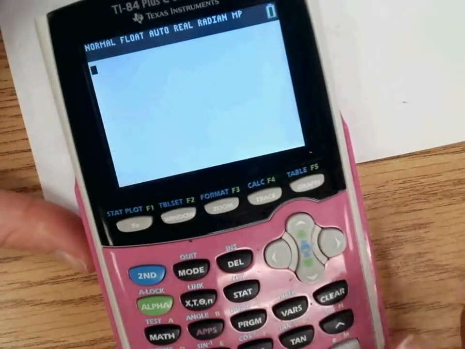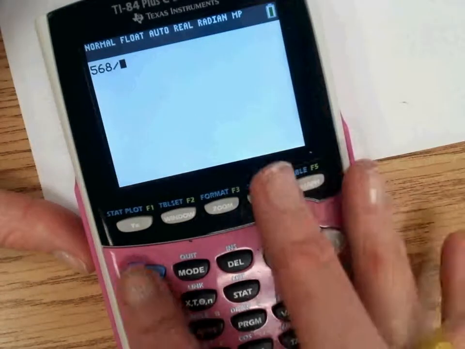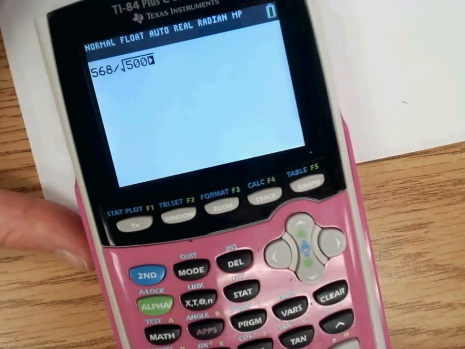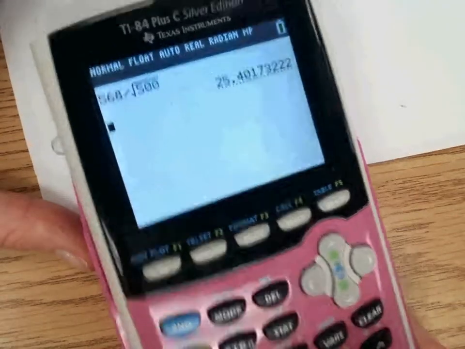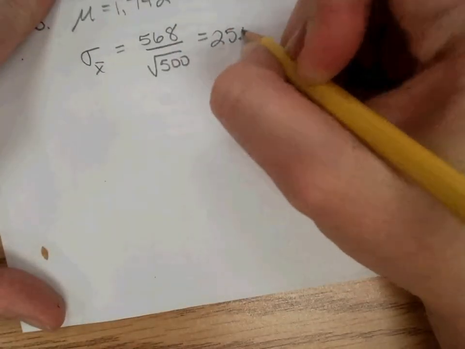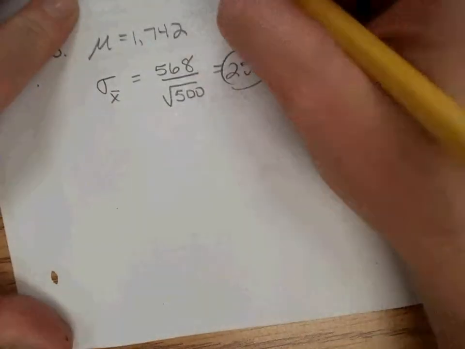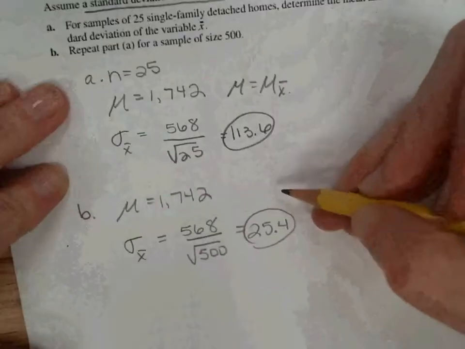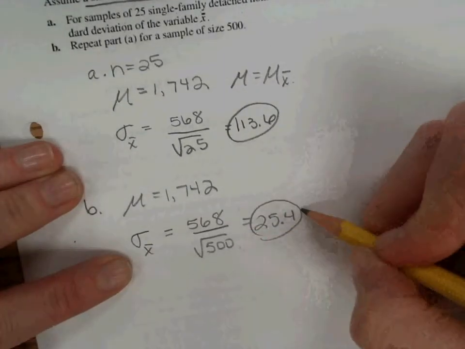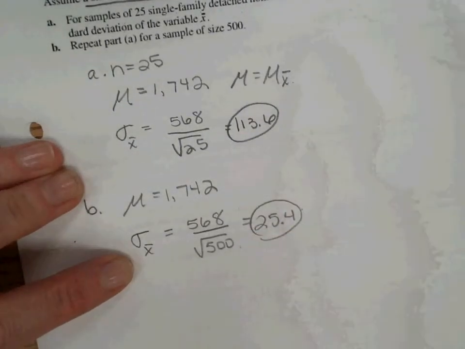So 568 divided by the square root of 500, and we get 25.40. And again, we see that trend where with a larger sample size, we have a smaller standard error.